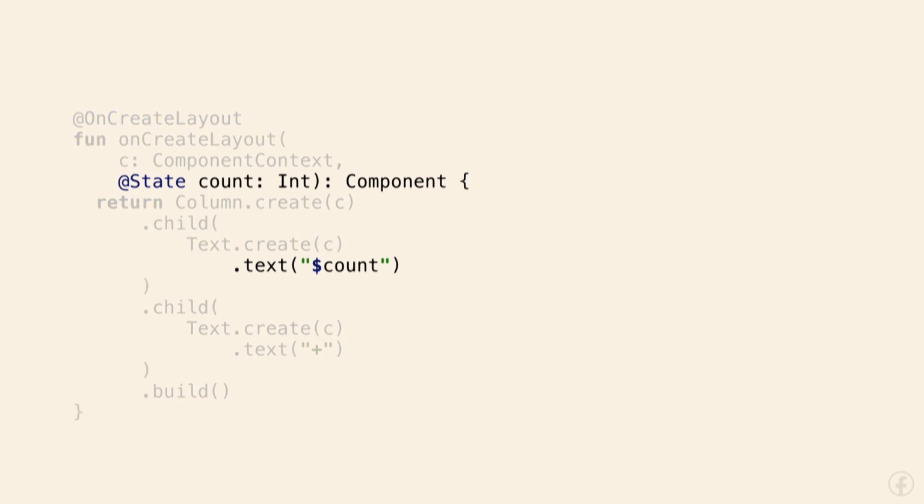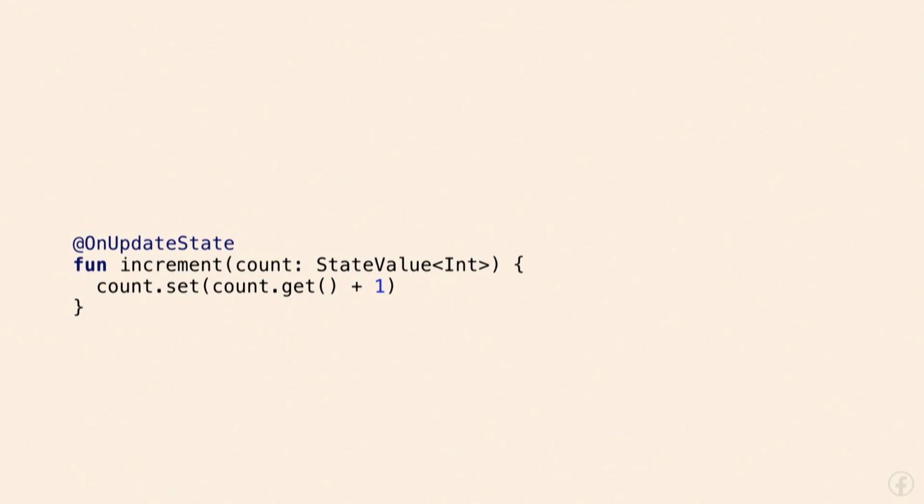We will use this state parameter that is marked with a specific annotation, State, that will be present only inside this component. So this won't end up being a builder method, like for props, for example. And here we just put this count as the first text content, and the second text is plus.